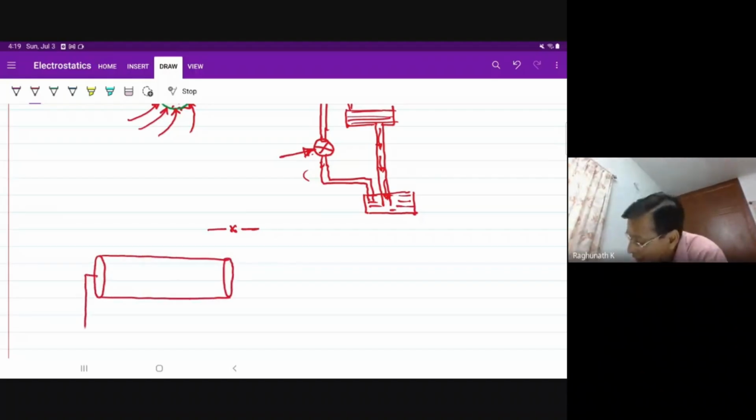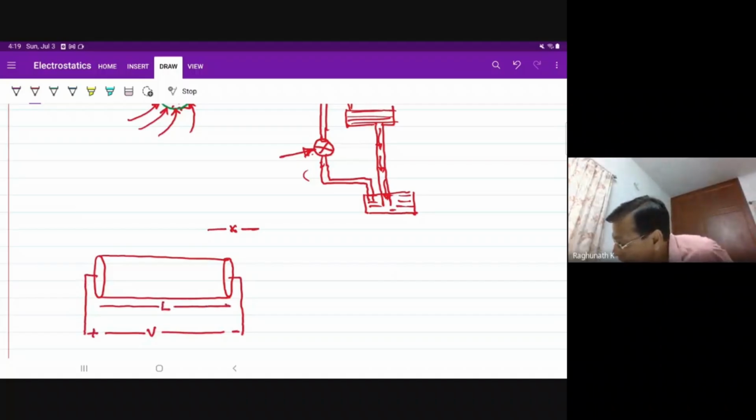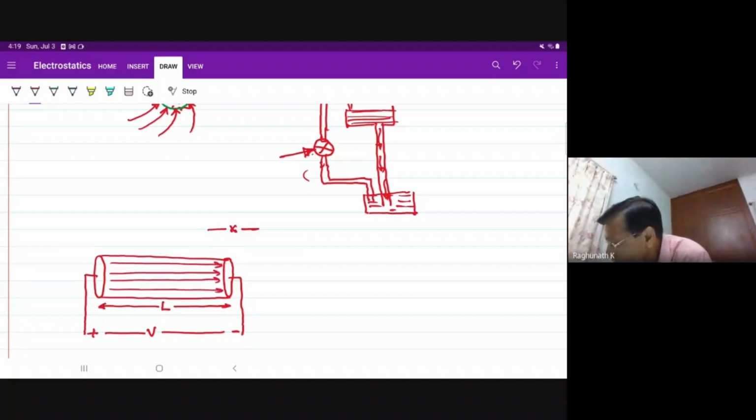If I create a potential difference of V volts with this polarity between the ends of this conductor using a voltage source, if the length of the conductor is L, there is electric field intensity to the right everywhere. And the strength of electric field intensity E is equal to what? V by L.